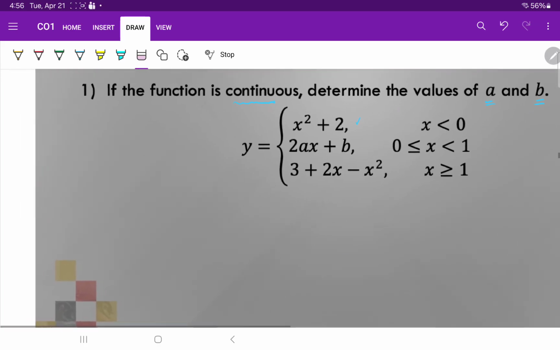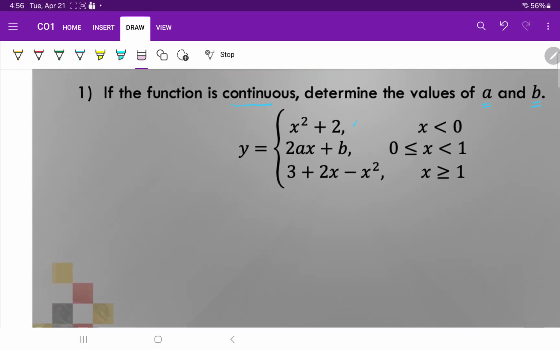So, for the first one, we want to find a and b. Let's solve first for a. If we want to find a, what we do is find the limit of y as x approaches which number?